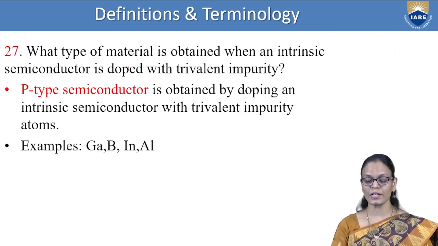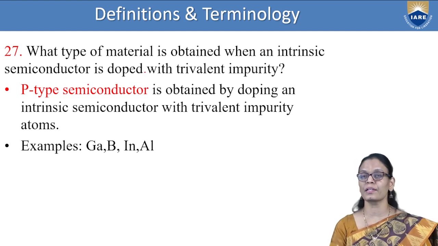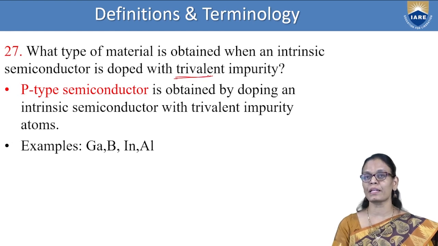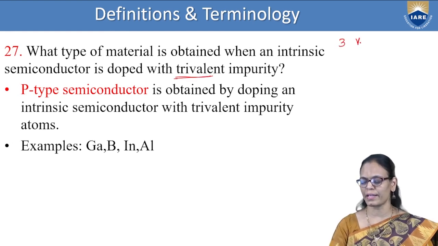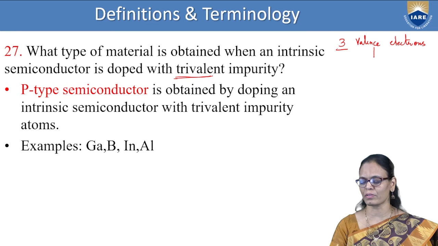Now the next one. What type of material is obtained when an intrinsic semiconductor is doped with a trivalent impurity? Trivalent means 3 valence electrons. Tri represents 3. So we are adding an impurity which has 3 valence electrons, that is, any element from the third group.